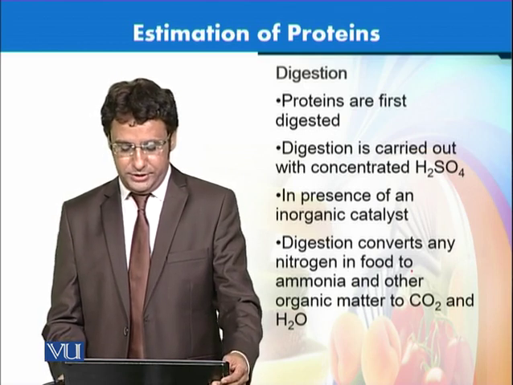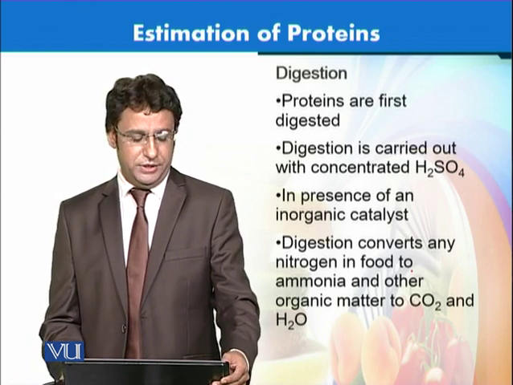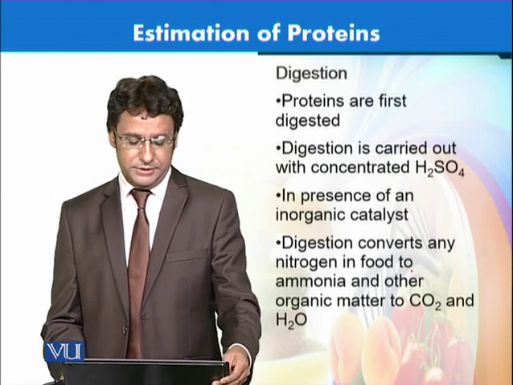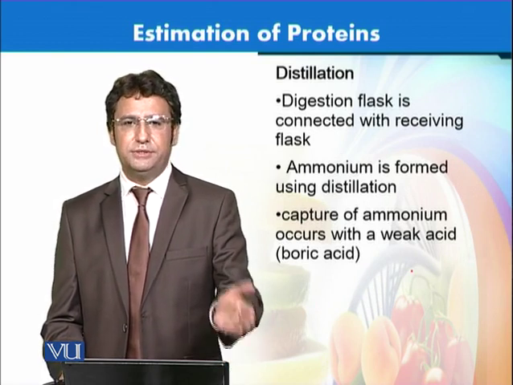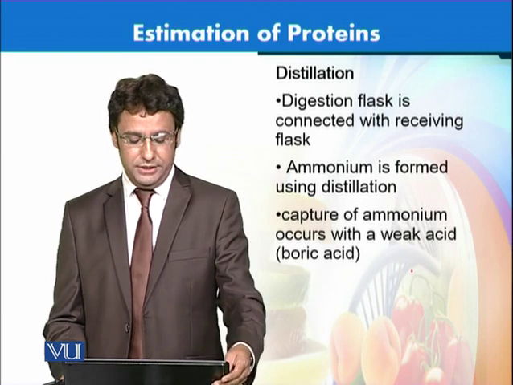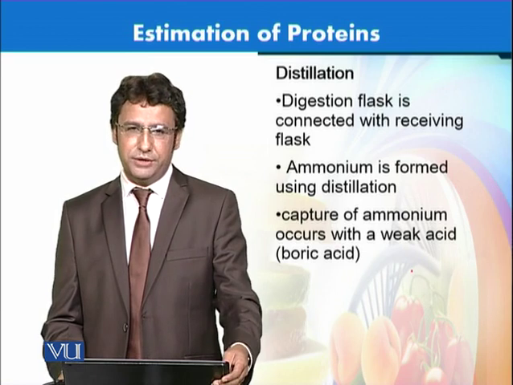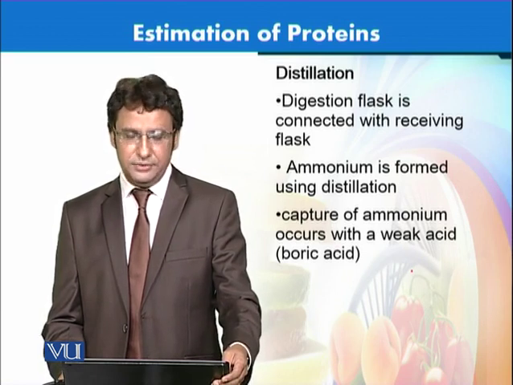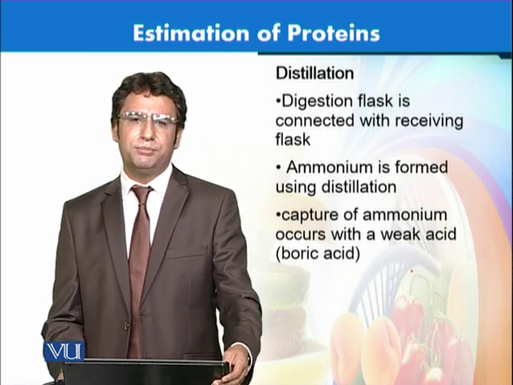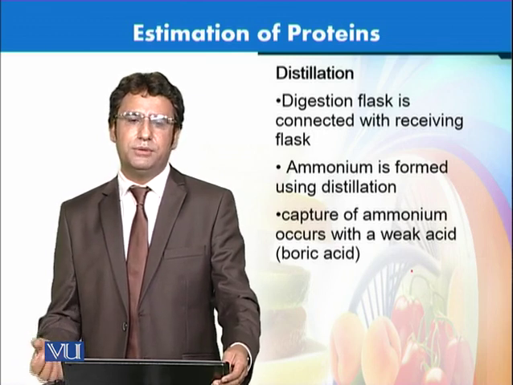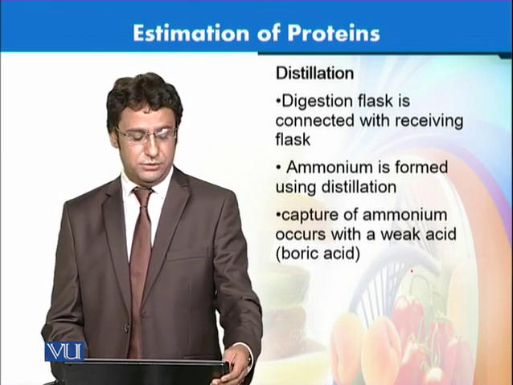The other compounds produced are carbon dioxide and water, which remain within the flask. As we discussed, the digestion flask is distilled into the condenser, and this ammonia is trapped in the final boric acid solution. Boric acid is basically a weak acid that reacts with ammonia, and it binds or absorbs all the ammonia within the boric acid solution.